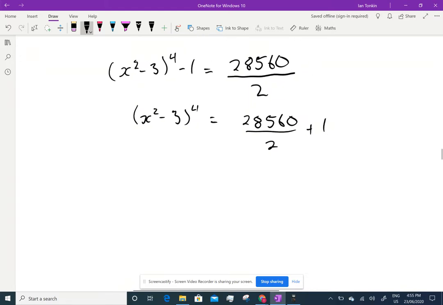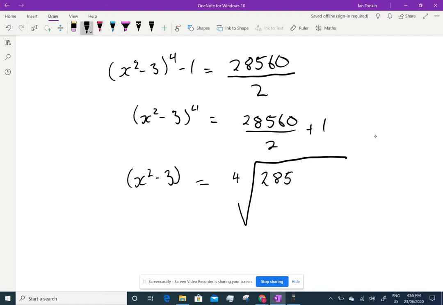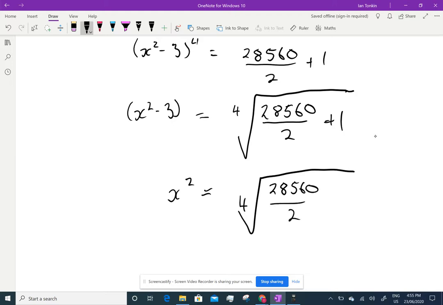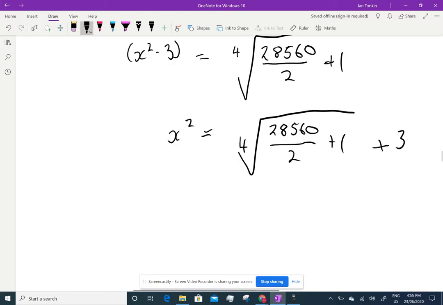Have to get rid of that fourth, so I'm going to fourth root it. So x squared minus 3 equals the fourth root of 28560 over 2 plus 1, making sure that plus 1 is under the radical sign. Now I'm going to add the 3. X squared equals the fourth root of 28560 over 2 plus 1, plus 3, but making sure that 3 is outside that surd.